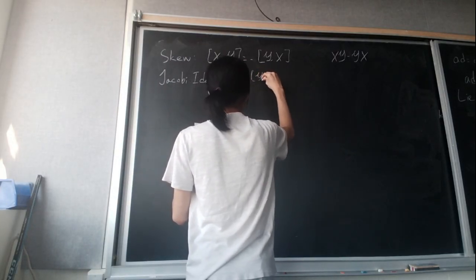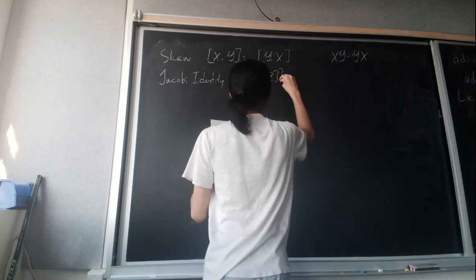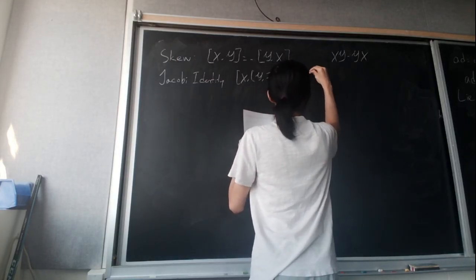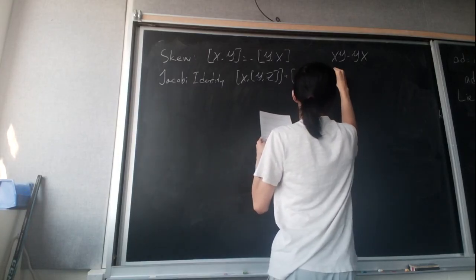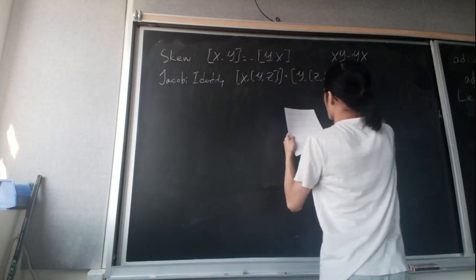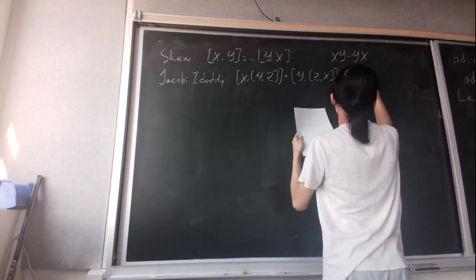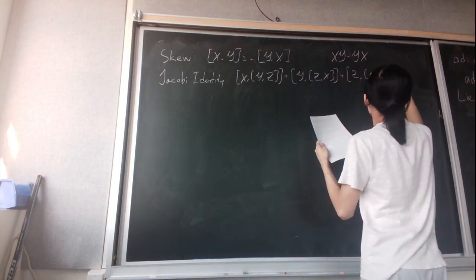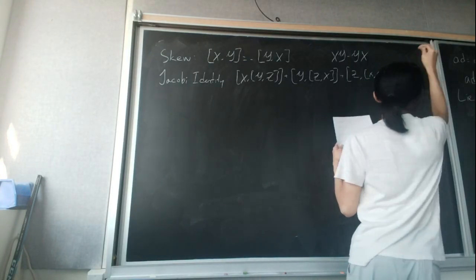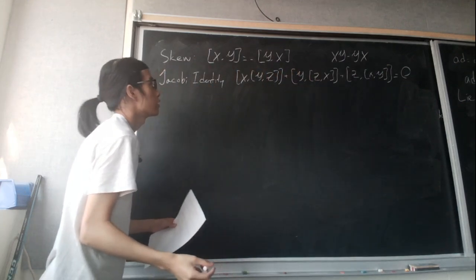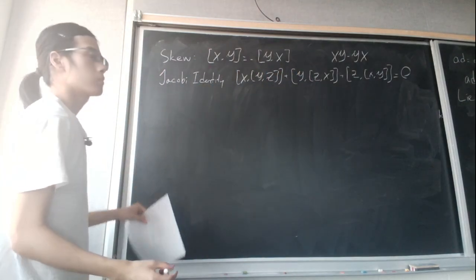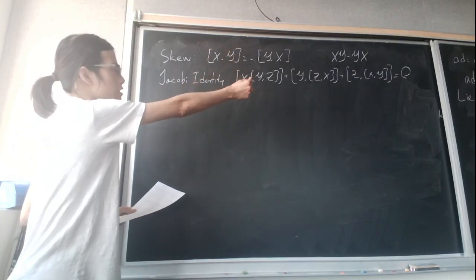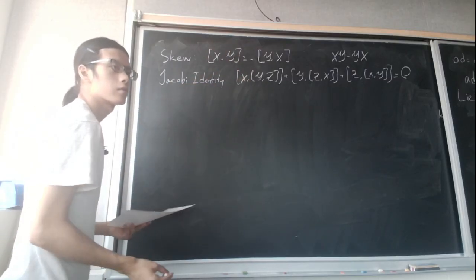Bracket x, bracket y z, plus bracket y, bracket z x, plus bracket z, bracket x y equals 0. Yeah, so those are true. That's also obvious if you expand it.